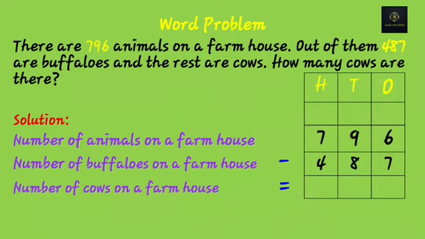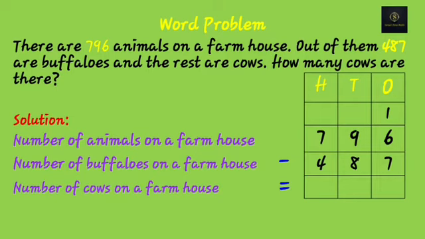Now let us start subtracting from ones column, that is 7 minus from 6, which is not possible because 7 is greater than 6. We cannot subtract 7 from 6. So what we will do children? Yes, we will borrow 10 from 9 tens. So we will take 10 from 9 tens and put to the ones column.